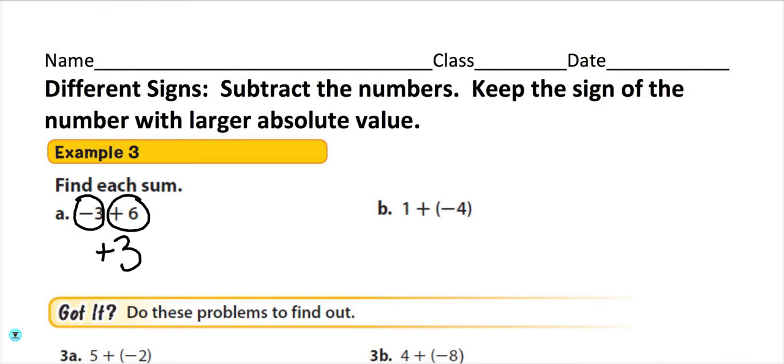Now, if you're still having a difficult time with this, let me show you this. If I draw 3 negatives, so 1, 2, 3. Okay, so we'll say that that's my army. You have 6 people on yours. You're a positive team, so we're going to do this.